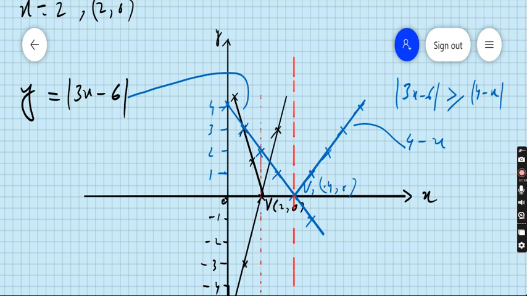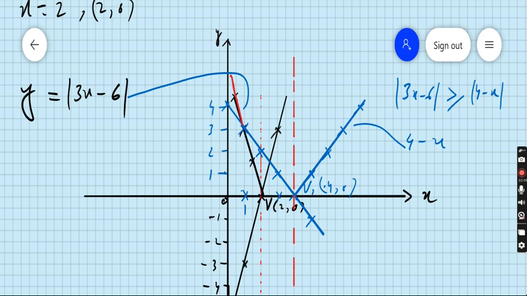Look at this carefully. This is 1, x1, x2, x3, x4. Look carefully. This part, which is red one, I am drawing this red one. This part at x is equals to 1.